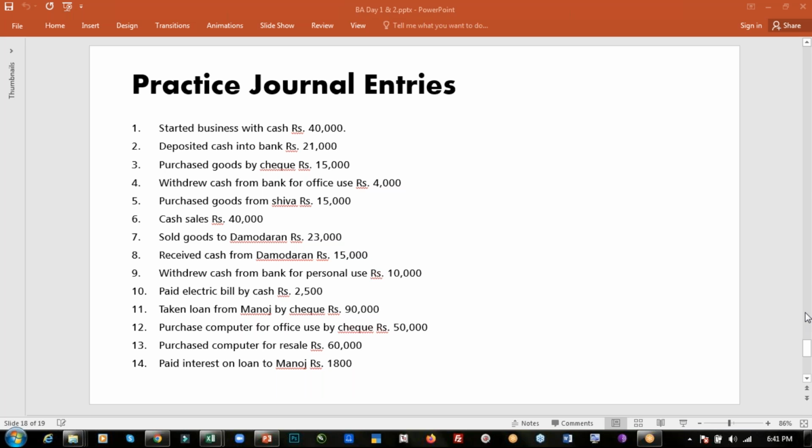All right. 13th point, purchased a computer for resale. What will be the entry for the 13th point, guys?